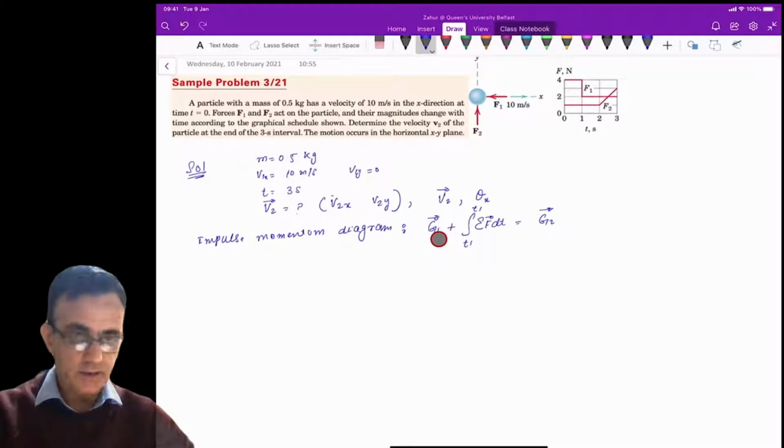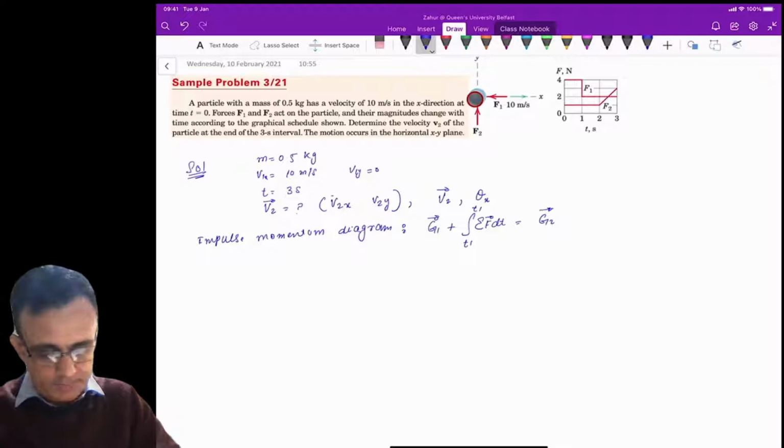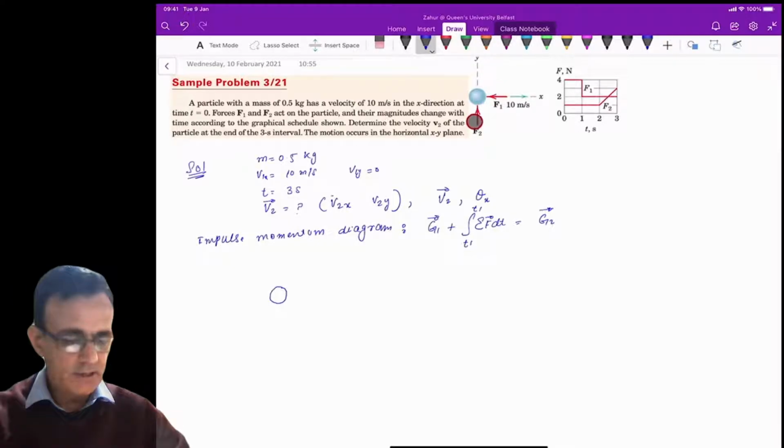So this is the impulse momentum principle here, which we can represent in graphical form. If you consider this particle here, as you can see on this particle, initially we have G1. G1 means that the particle has the momentum at point 1, which is G1, and obviously this G1 is a vector, which we can split into two components, G1x and G1y.